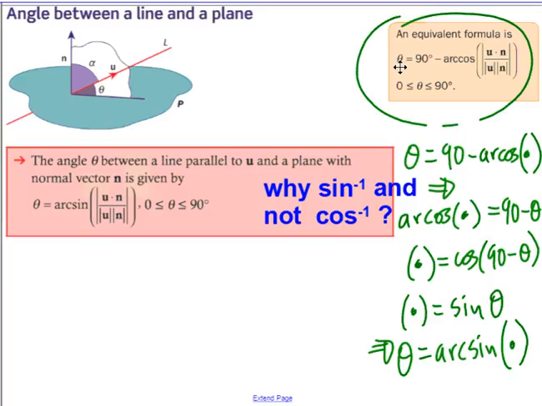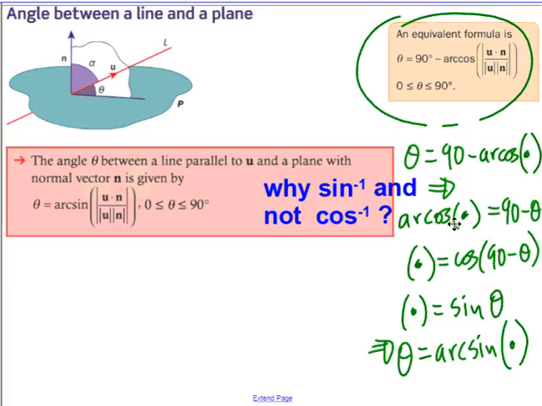So hence, theta is 90 minus this thing, which is alpha. I ran out of space, so instead of writing this, I just wrote a blob. Theta is 90 minus arc cos blob. Actually, I think I missed the C out of arc cos.